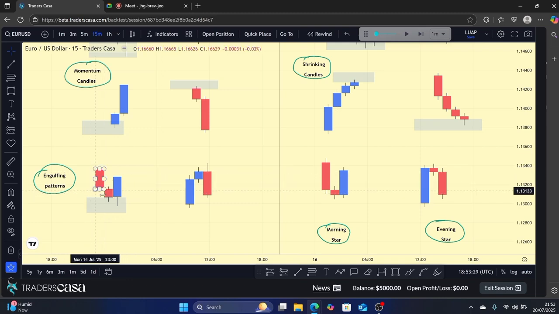So this means shrinking candle. And then this candle you can see engulfed this previous small-bodied bearish candle, and this is what we call an engulfing pattern. In this case, it's what we call the bullish engulfing pattern because it is signifying a possible bullish momentum.